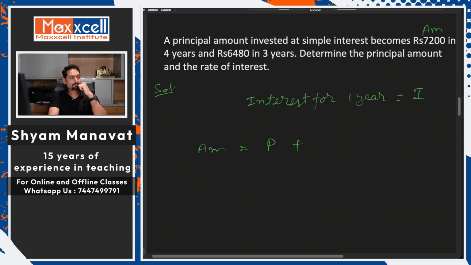Now if I assume 1 year interest is I, then this is the amount you get in 4 years. So what will be the 4 years interest in case of simple interest? It will be 4I, right? So I can say this amount, which is 7,200, is nothing but principal plus 4I. I hope this equation is clear to you.